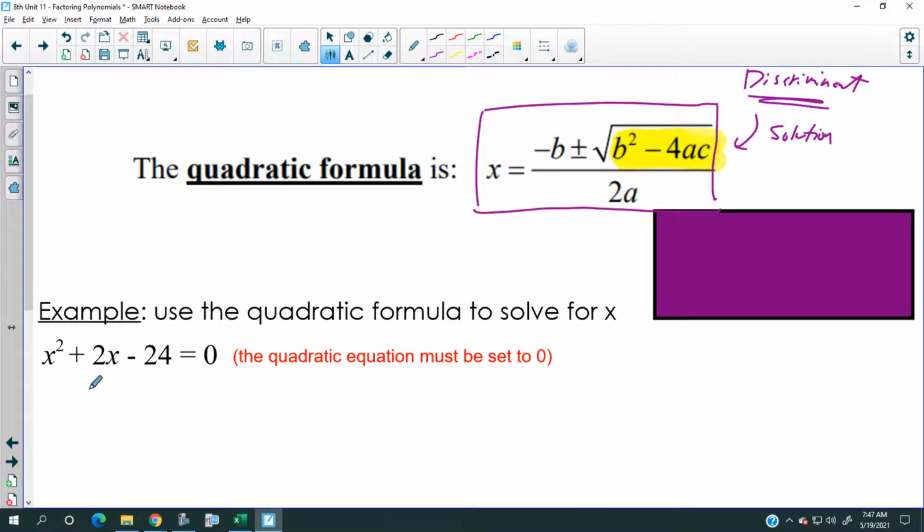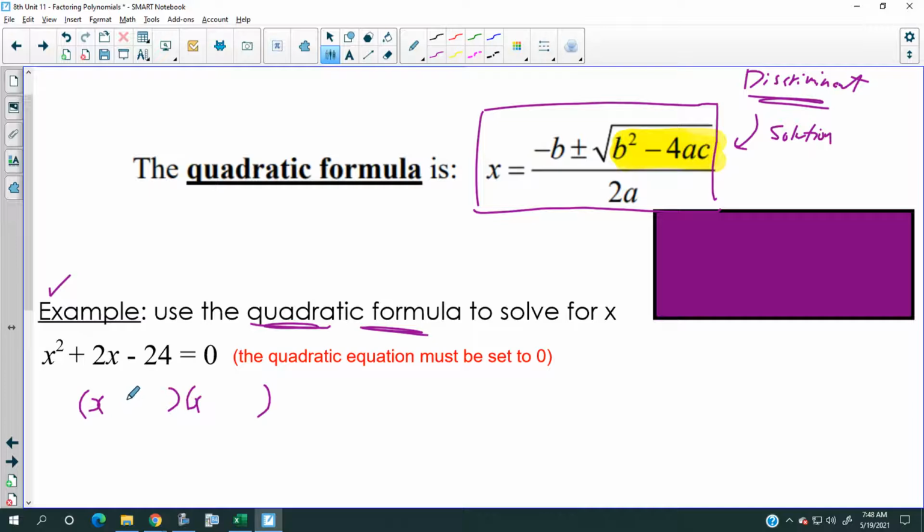The first thing I'm gonna do, unless the question asks me to use the quadratic formula to solve for x, is try to factor it first. There's no need to use this gigantic formula to solve something that I could possibly do in my head. So I'm just gonna try to solve it, and if I can't, then we'll go from there.